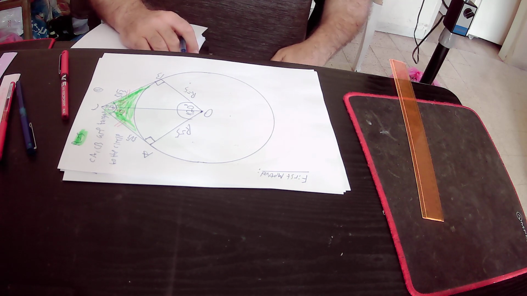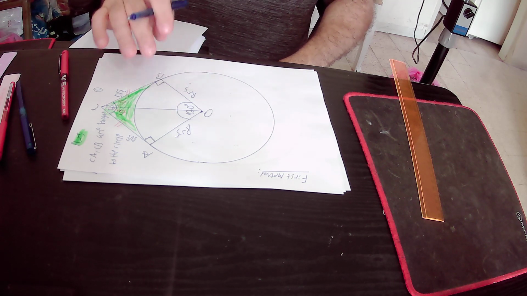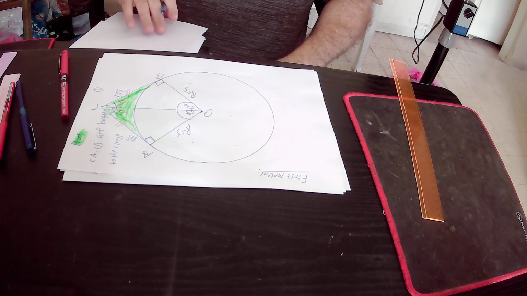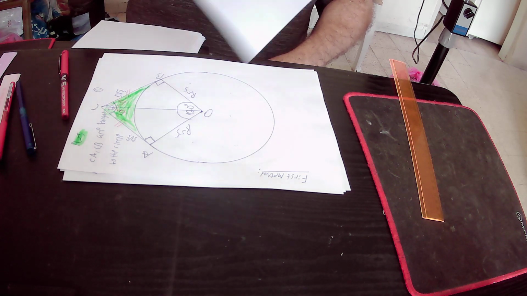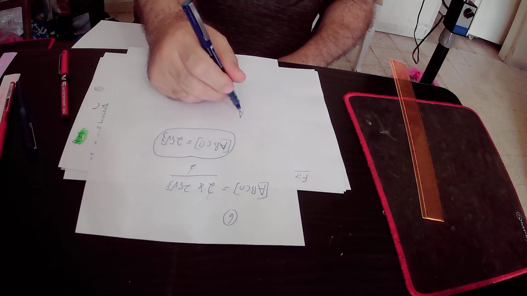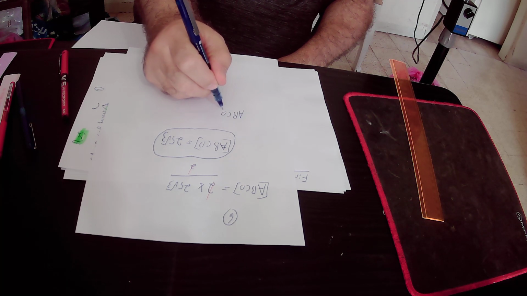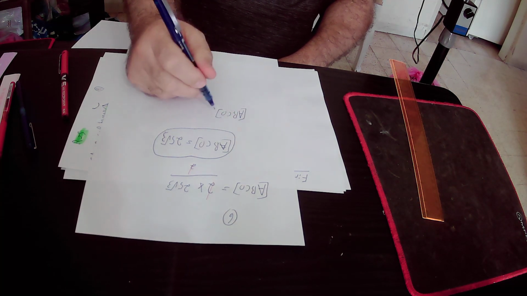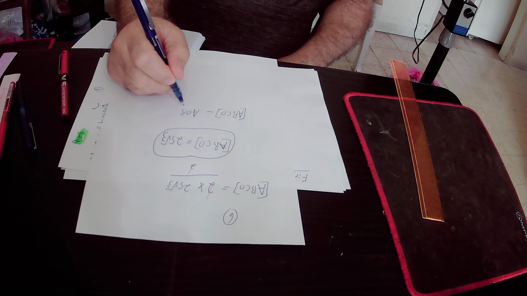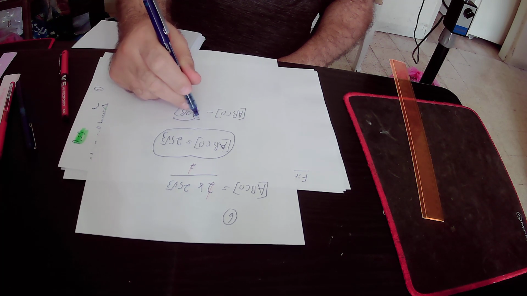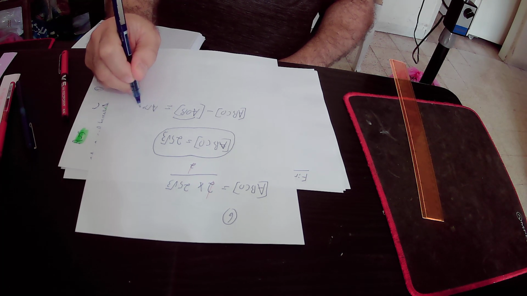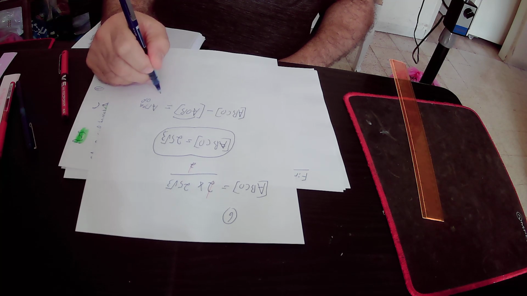So I will write it down. The area of quadrilateral ABCO, that is actually 25 times root 3 square units, minus the area of sector AOB will be equal to the area of the green shape.